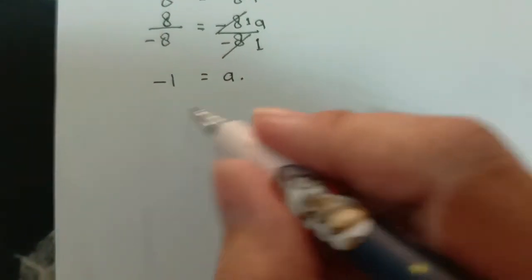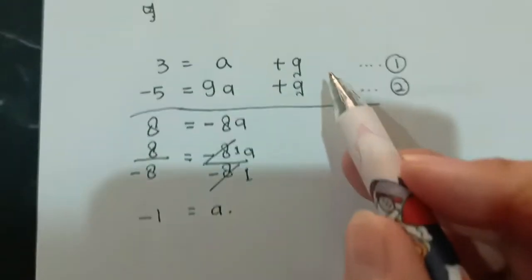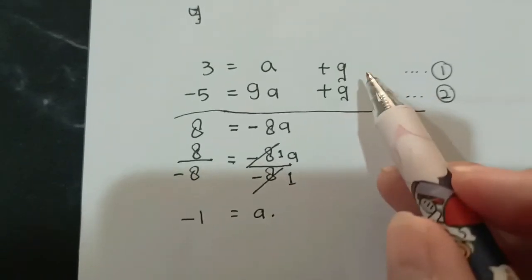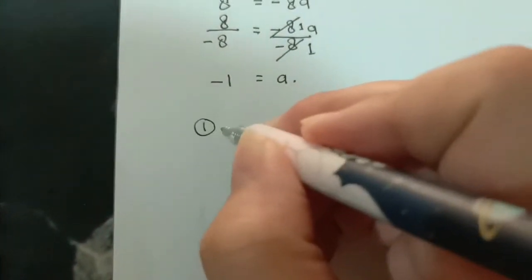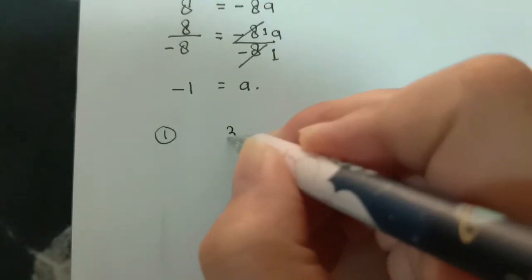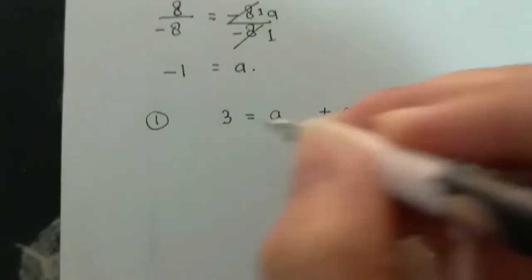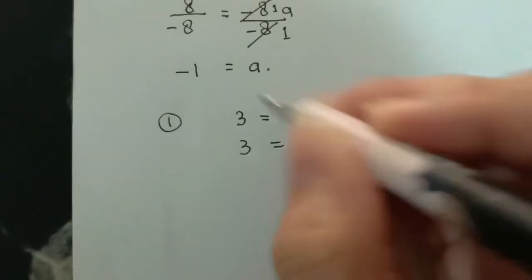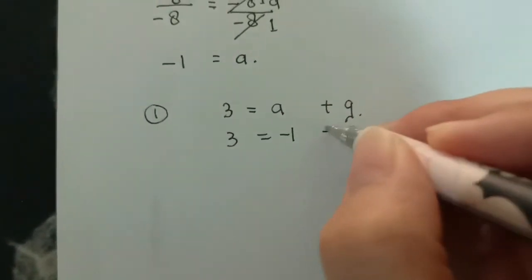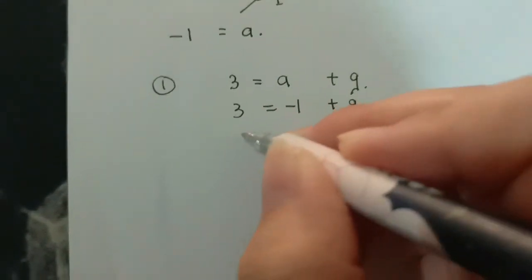Now after we have the a, we are going to find the q. How? We can use either number 1 or number 2. Let's try to use number 1 first. 3 = a + q. 3 = −1 + q.